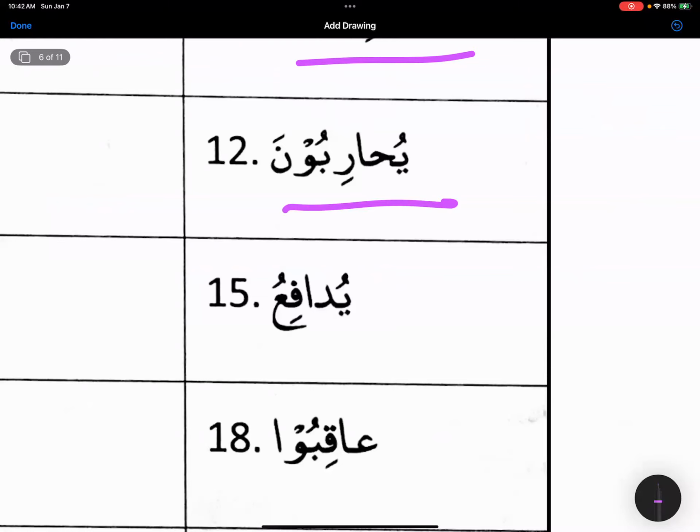Dafa to remove के meaning में भी आता है, right? He will defend. He will remove. दिफा करना. Defend. नहीं, that's the dafa'a, a different one. This one is to remove. वो दफा कैसे? How do we spell the other? Dal fa and ha होता है वो, right?